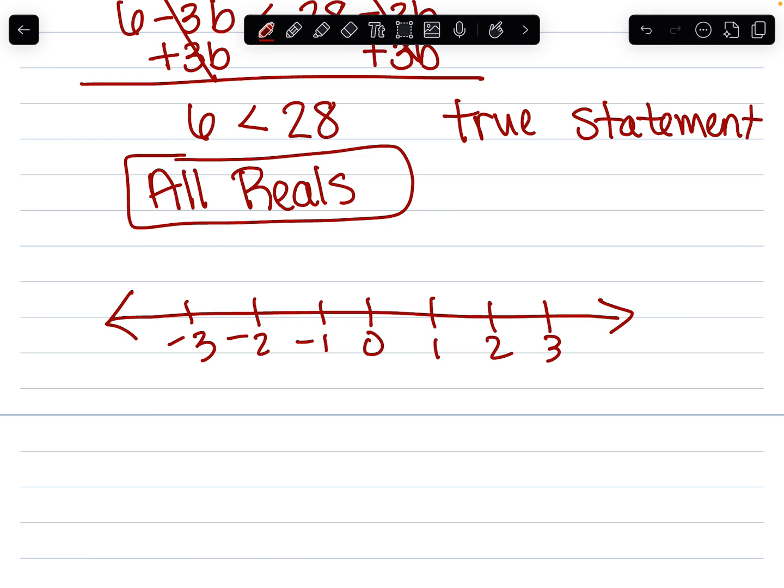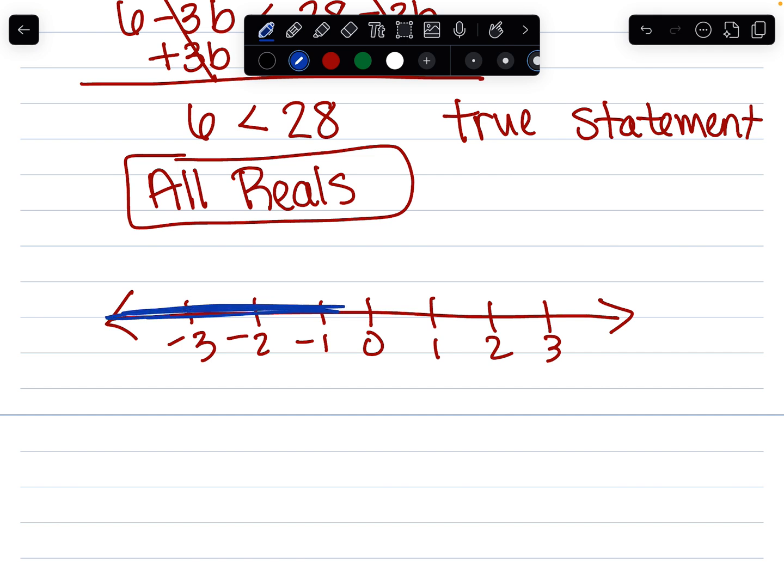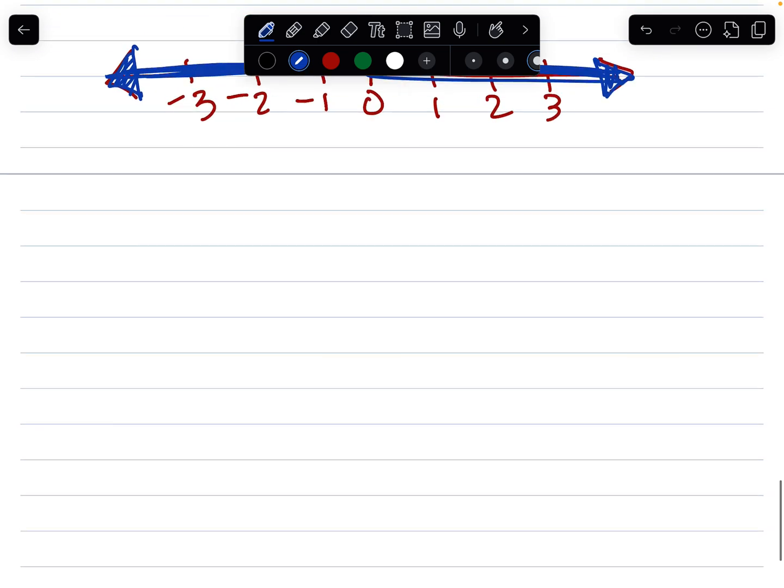Your whole number line is shaded in, because there are no numbers that couldn't be graphed. If it's no solution, can I graph it on a number line? No, because there wouldn't be anything to graph. Okay? All right, two more.